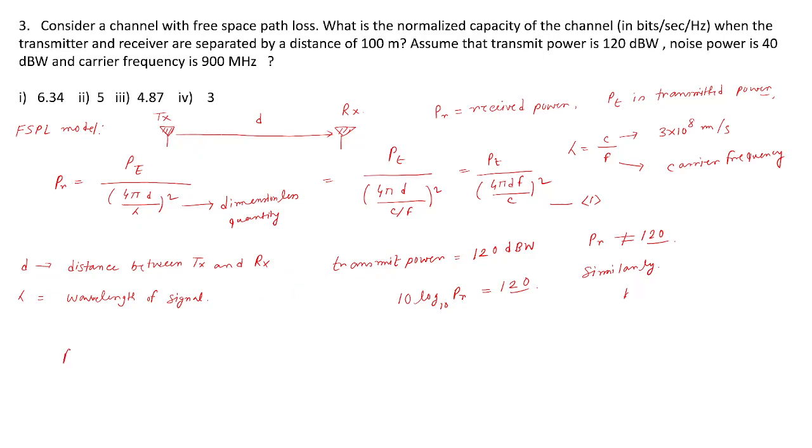So in equation 1 we have, PR is equal to PT divided by 4 pi df over c square.